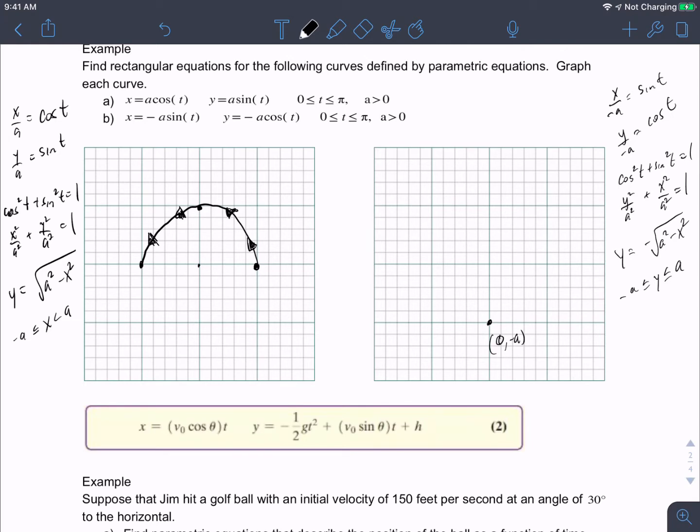And then when I do pi over 2, my x is going to be negative a, and my y will be 0. So I'm going to end up here, and then proceeding that, it's going to go this way. And so this is going to look like a half circle, going in this direction.